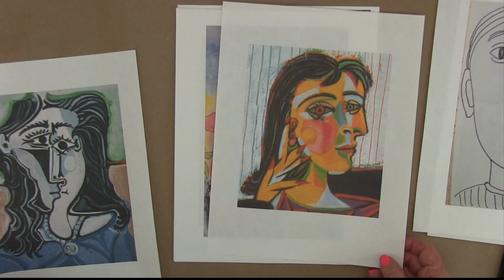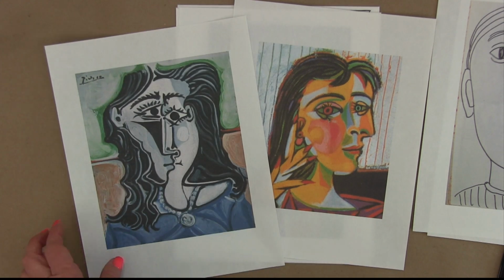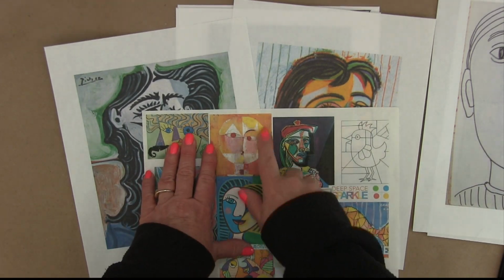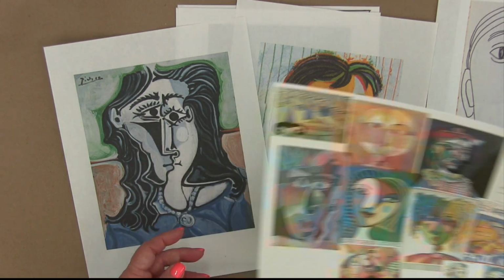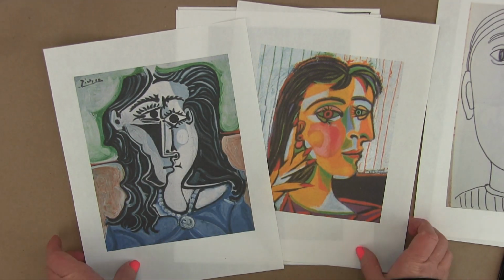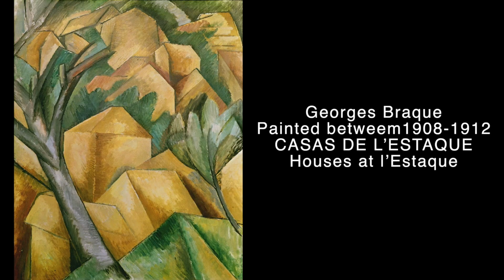Many of the Cubists also, here's another one. One of the Cubists would take it and actually make everything geometric. So they would do that with landscape. Another example of Cubism is from Georges Braque. Braque was from France, and here is one of his paintings.